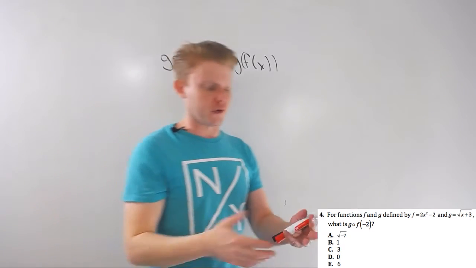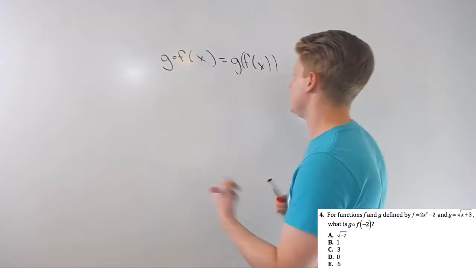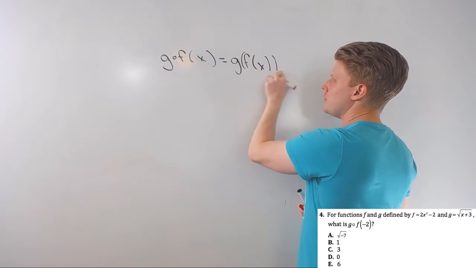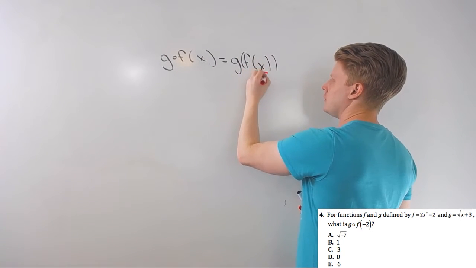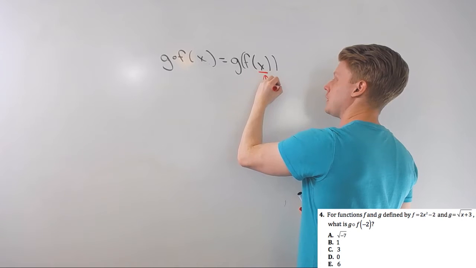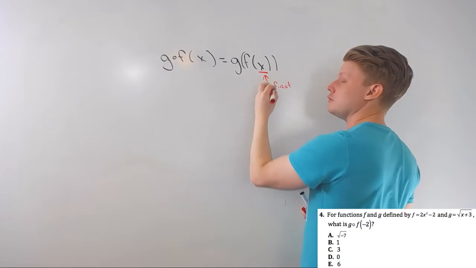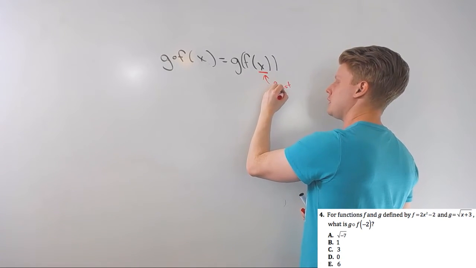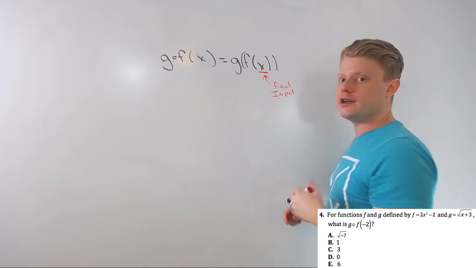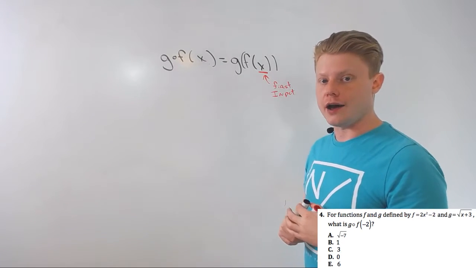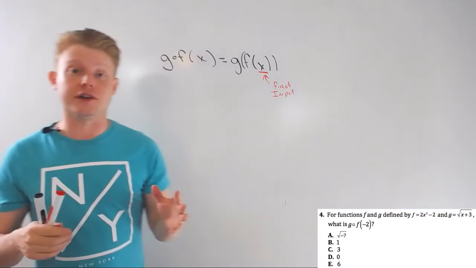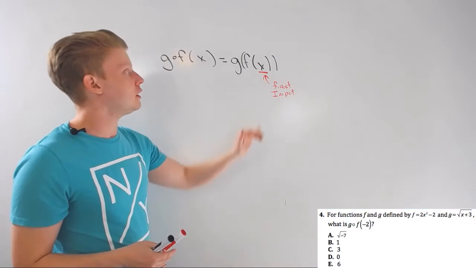And if that's mystifying to you, let's clear that up. Remember, this is our placeholder. In this case, it's our first input. If you're a little unclear on that, check out the first video on algebraic functions and the material in the book. I go over that in detail.